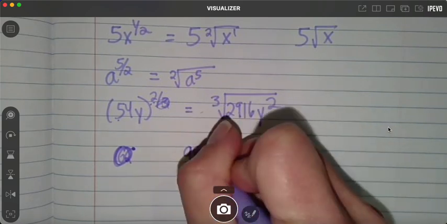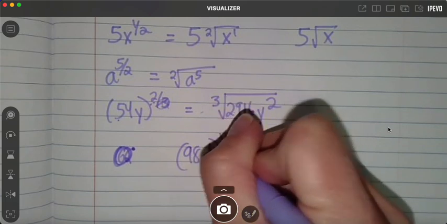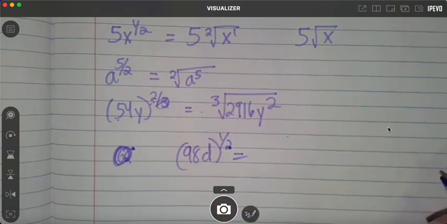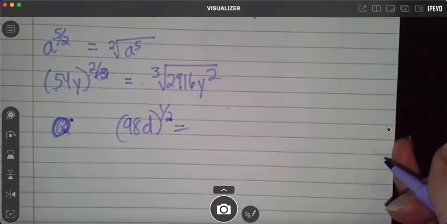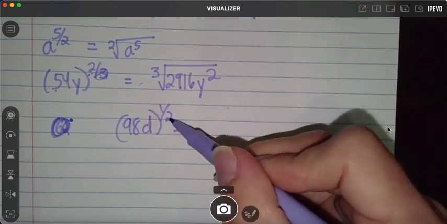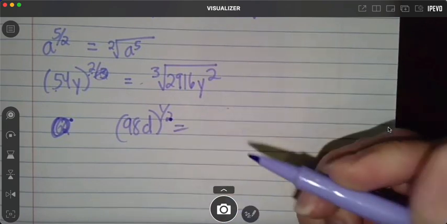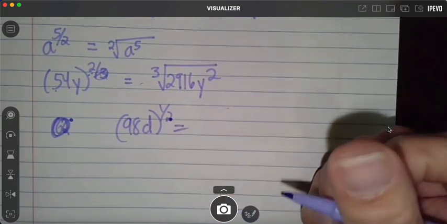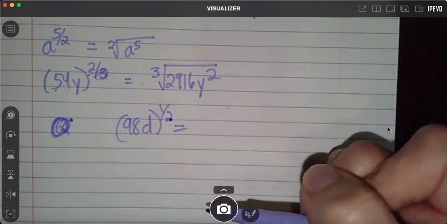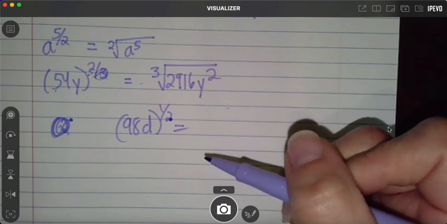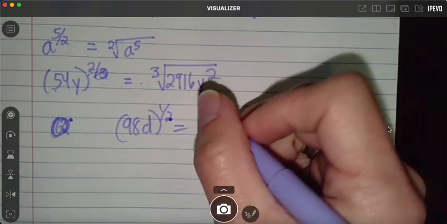98D to the 1/2. Let me do this one. 98D to the 1/2. So I'm going to take the what? What's my root? The root is 1. No, oh, it's the bottom number. It's 2. It helps when you pay attention to me.